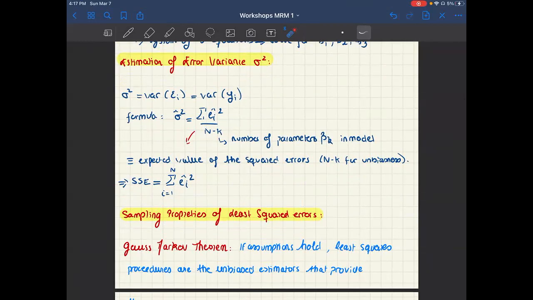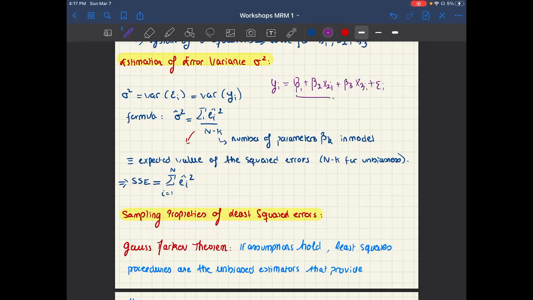Then I talked about the estimation of the error variance, sigma squared. So again, in our model, we had that yi was equal to beta 1 plus beta 2 x2i plus beta 3 x3i plus the error term.